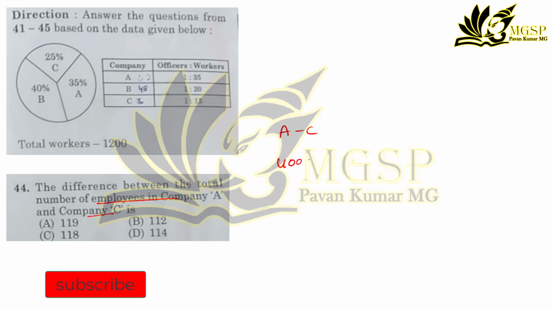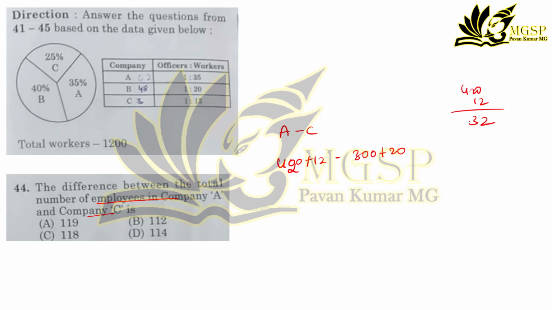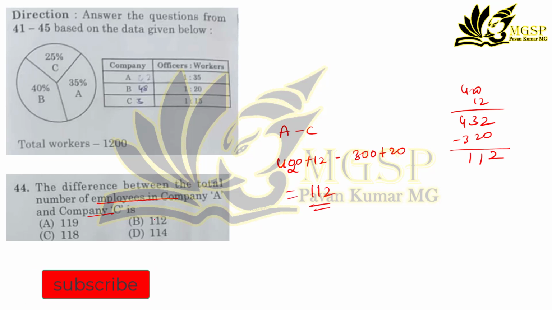So 432 minus 320 gives you 112. The correct option is B.